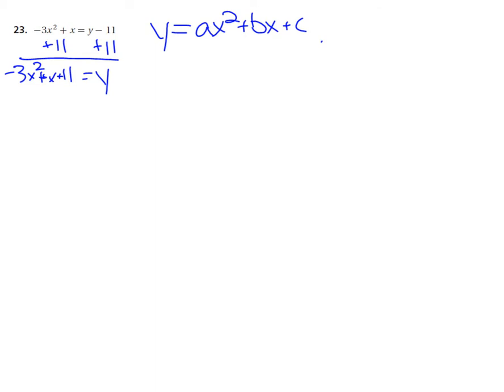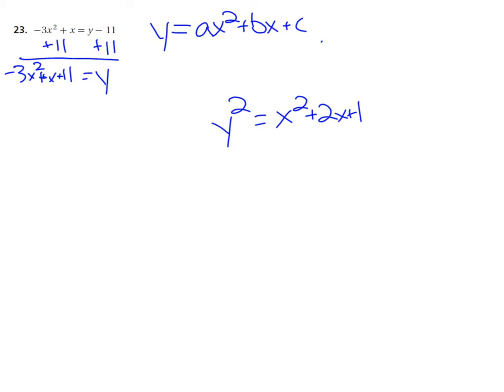Okay? Because let's say, what if the problem was, I don't know. Could we say this is quadratic? No, because y is not by itself. How would you get y by itself?